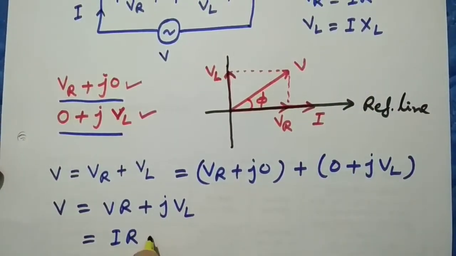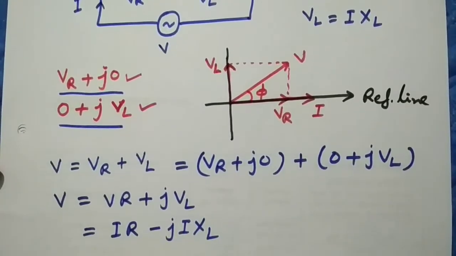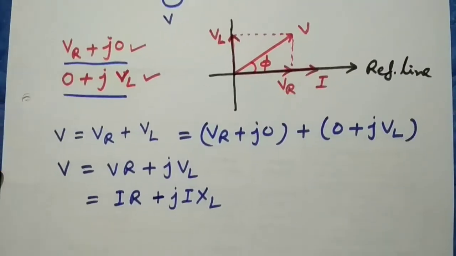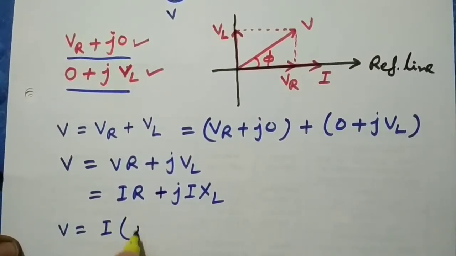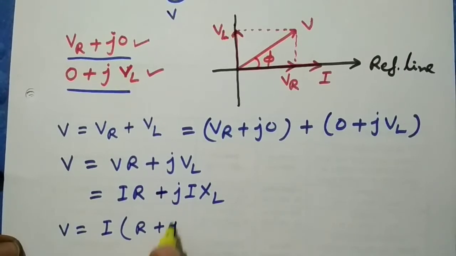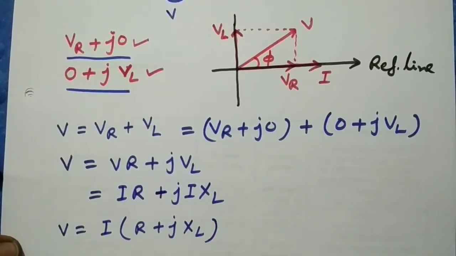So it will be plus j of I into XL. So now the voltage can be written as, taking current common, I times R plus jXL.